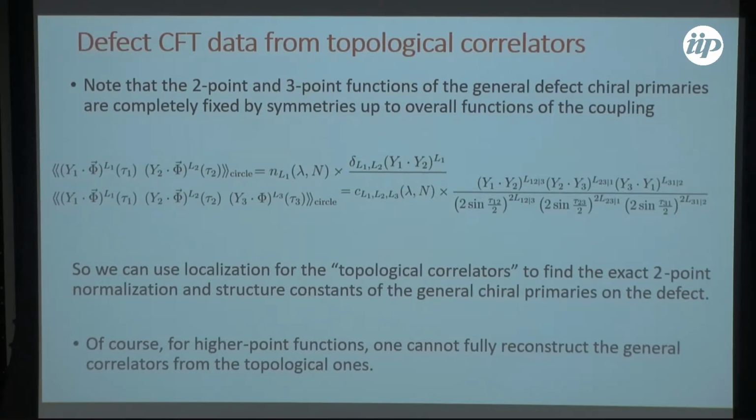But just because it's completely fixed by symmetry, it doesn't matter if we choose these polarizations to be this special kind of position independent. Okay? Of course, this is not true for higher point functions, but still the result for the topological correlators will give some constraint for the general higher point functions of the physical operators.